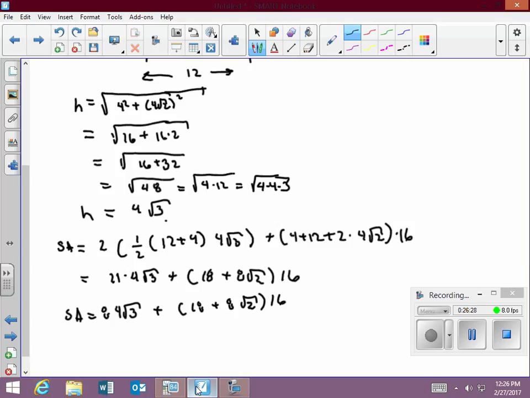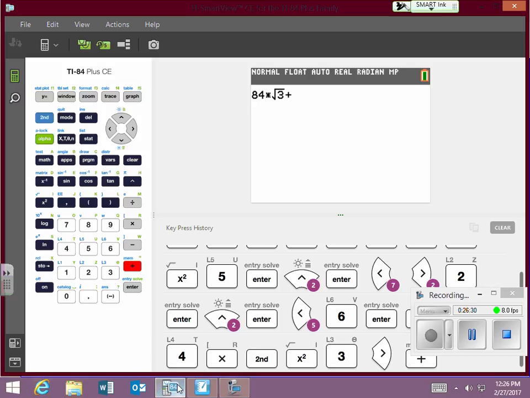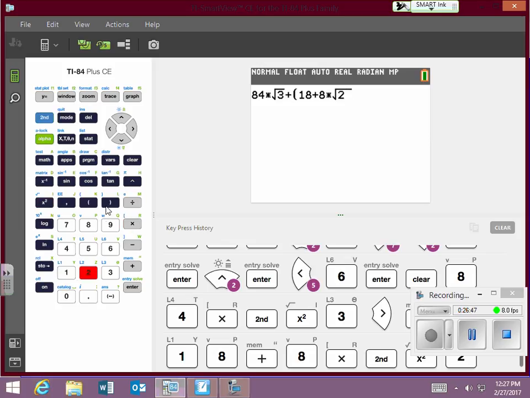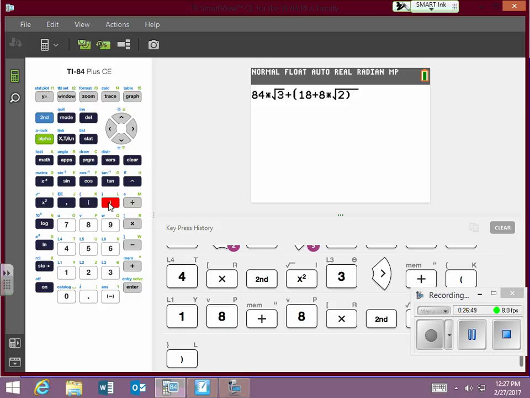Bracket 18, 8. Where would it go? Right. And is that 16 wrong? Times bracket. Dang it, I put that bracket under that.